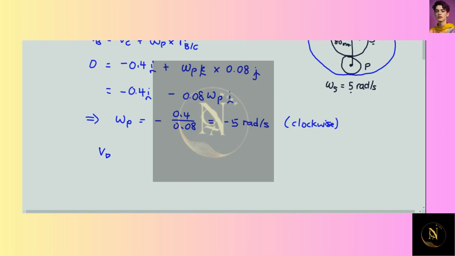So VD is equal to VC, or VB is better because VB is 0.